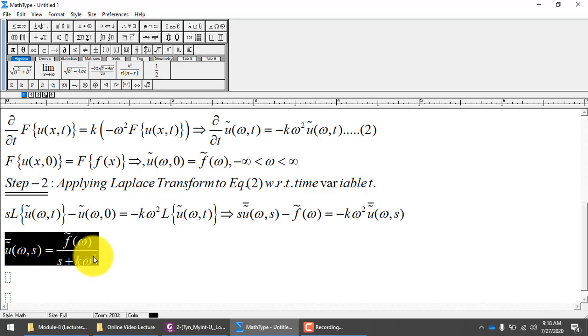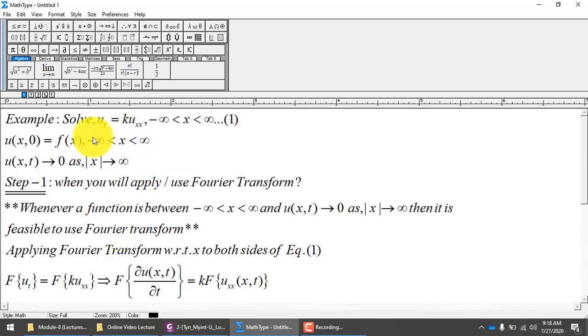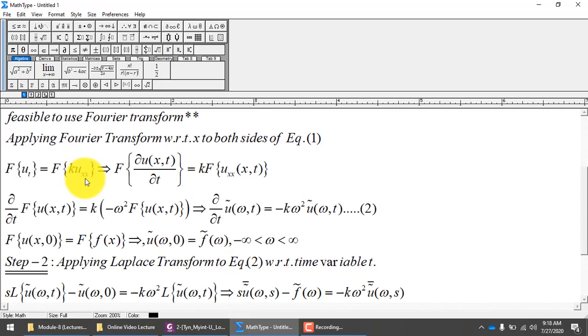Look, initially we had the partial differential equation 1. In that partial differential equation we had derivatives with respect to t, and you have already learned in the previous semester how you can solve these using ordinary differential equations, that you can solve using Laplace transform. So I have already applied it.